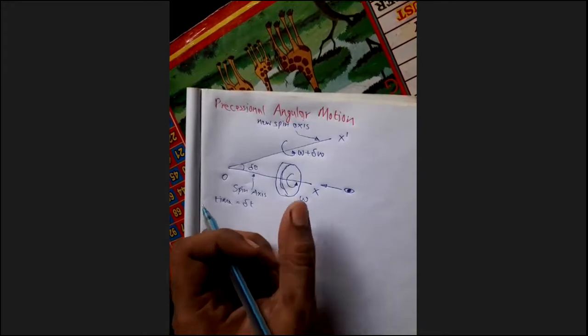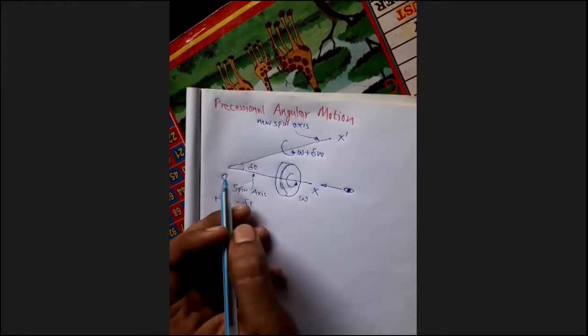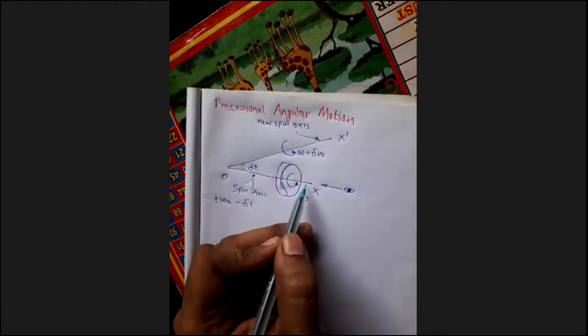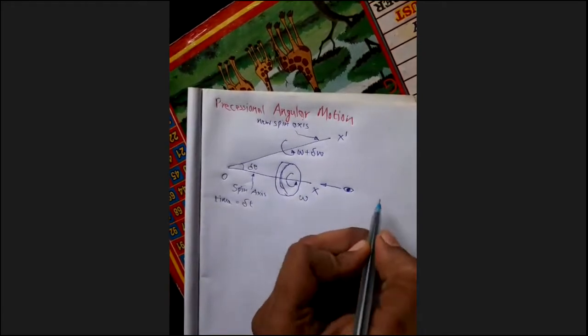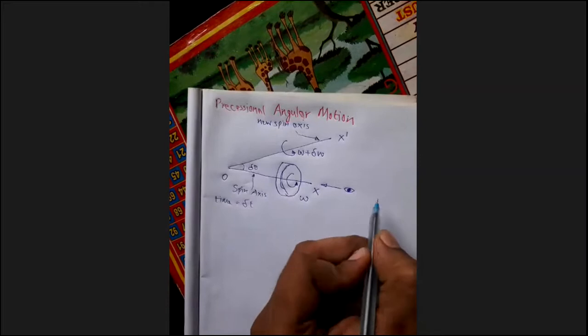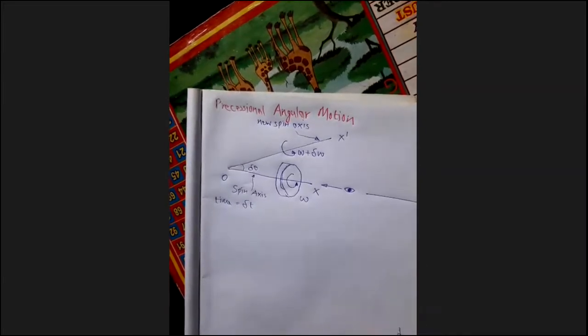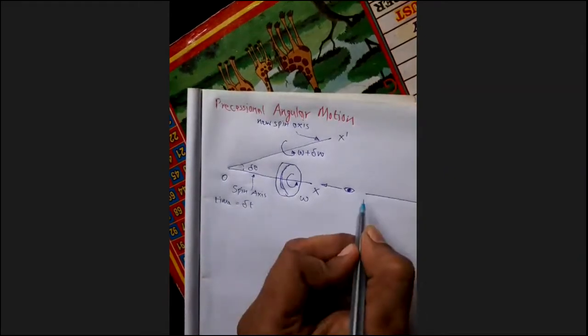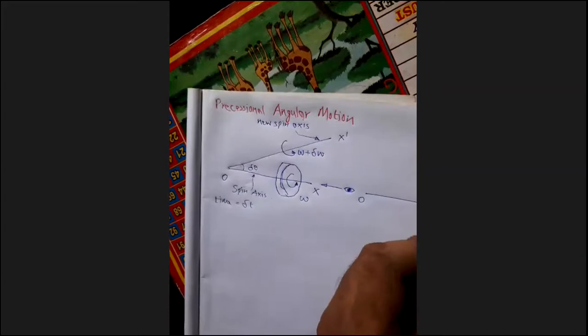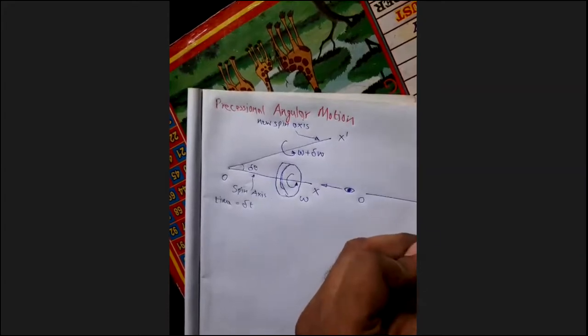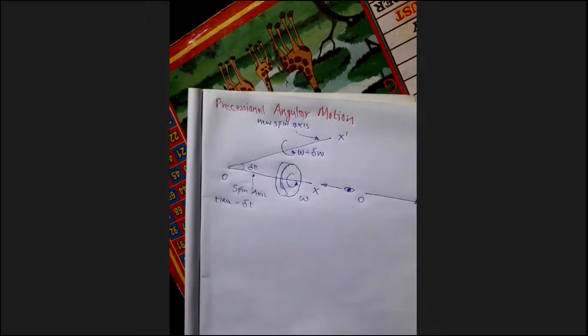So when you apply the right hand rule to this axis OX, the direction of this angular velocity will be this direction, perpendicular to the plane of the disc. I name this vector OX.